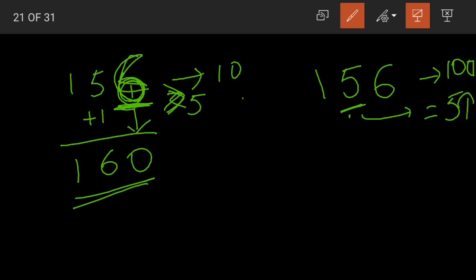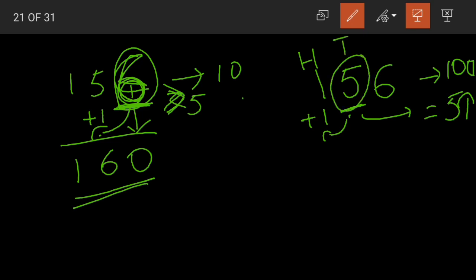See, if you observe here, we looked at this number and added 1 to the digit which is to its left. In the same way, we add 1 to the digit on its left, which is the digit in the hundreds place. Consider the digit in the tens place, and if it is equal to or greater than 5, then add 1 to the digit in the hundreds place.